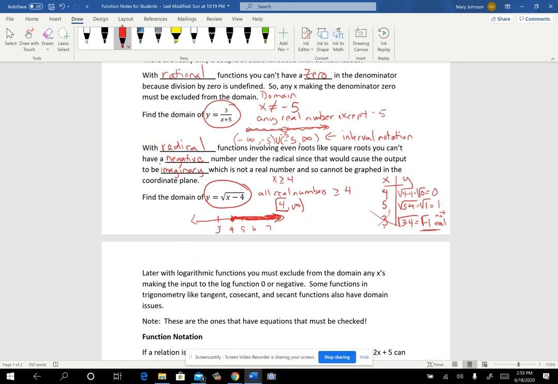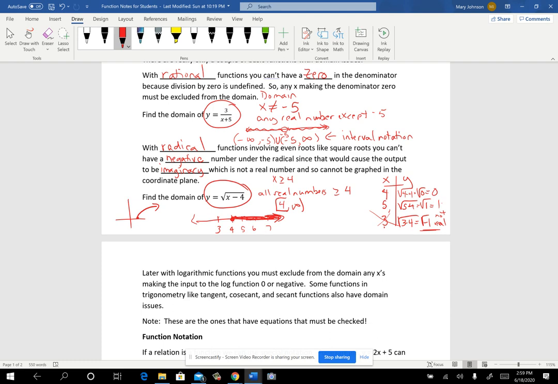So the graph for this in two variables would be from 4 over. It would look like that, okay? And there are no points to the left of 4. The graph kind of makes it explicit. If you just have the equation, you have to think it through.